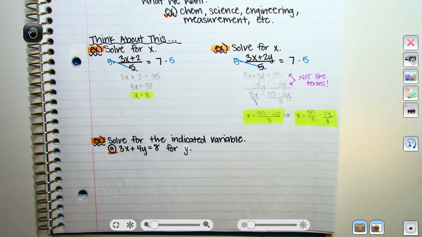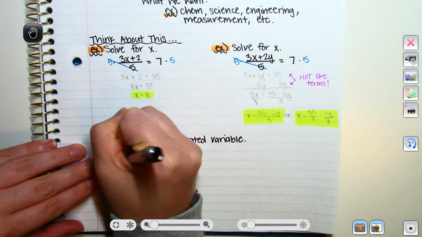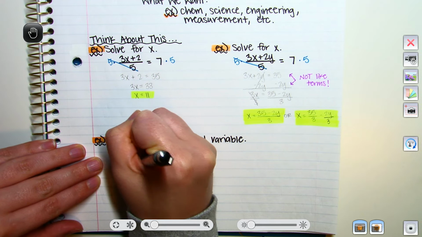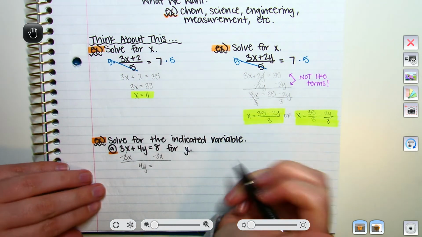The first thing I'm going to do is subtract 3x from both sides. Oh no, my finger made that smear. Oops.